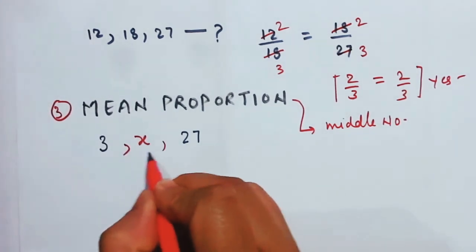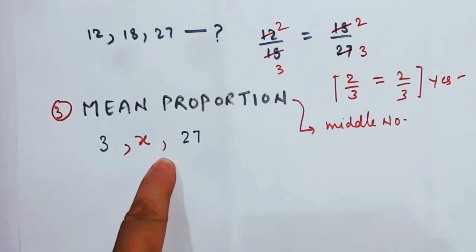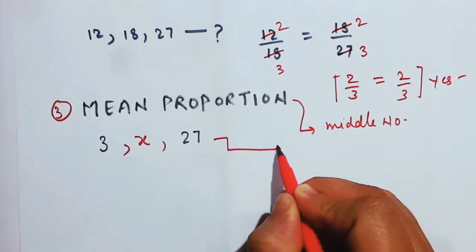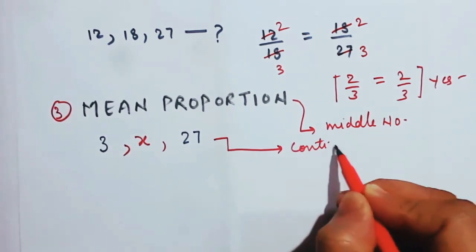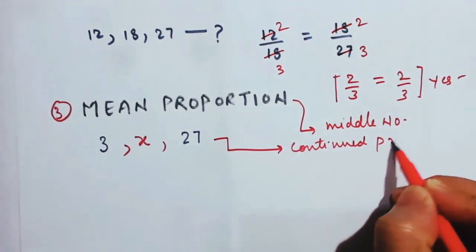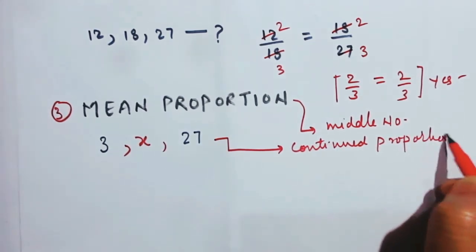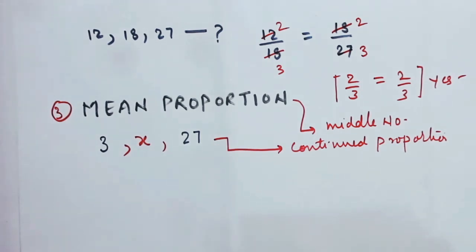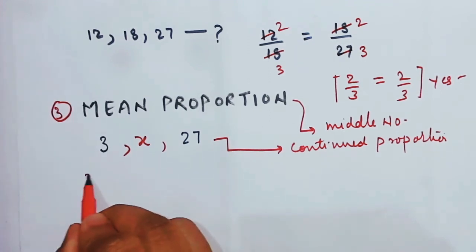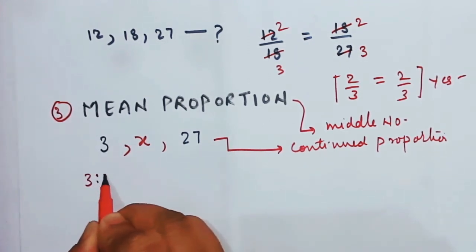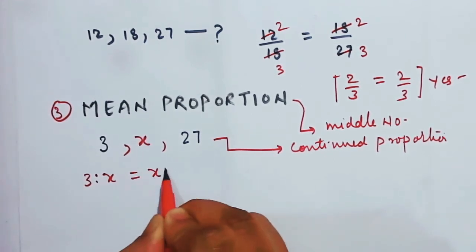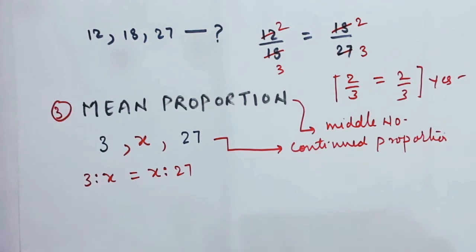Now, when you take the middle number as x, you will have to convert this into continued proportion. Therefore, the ratio of 3 is to x should be equal to x is to 27. Yes or no?